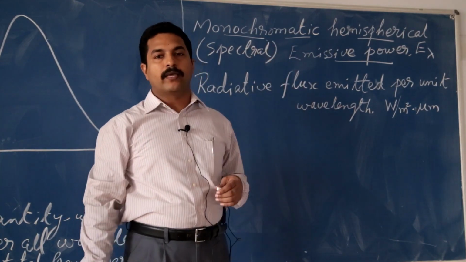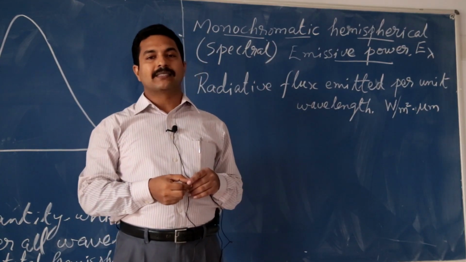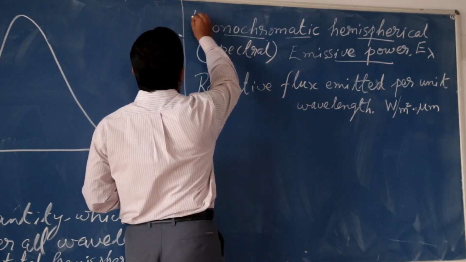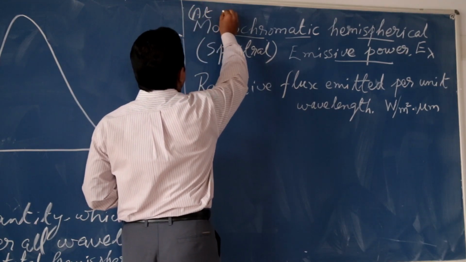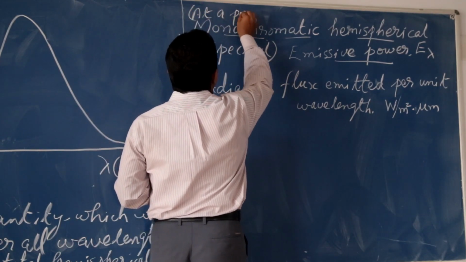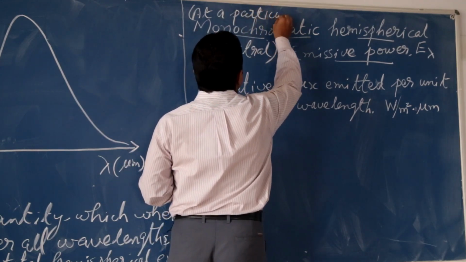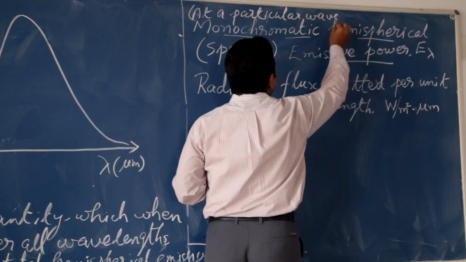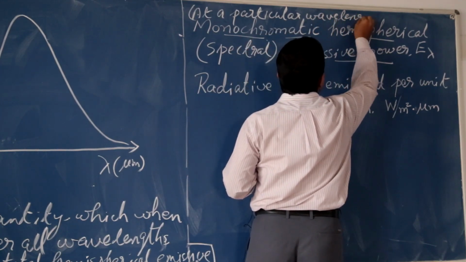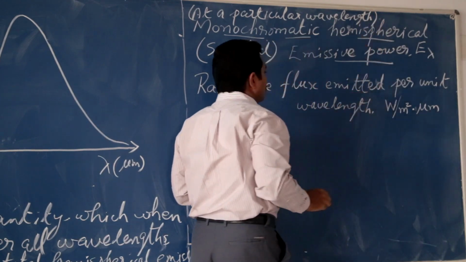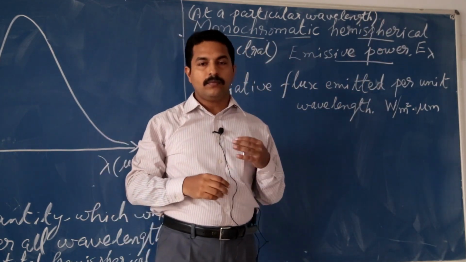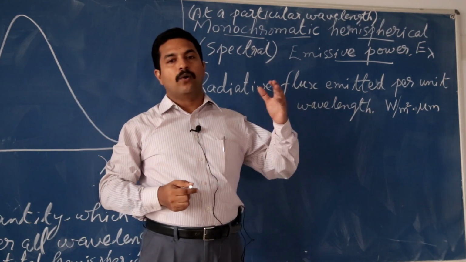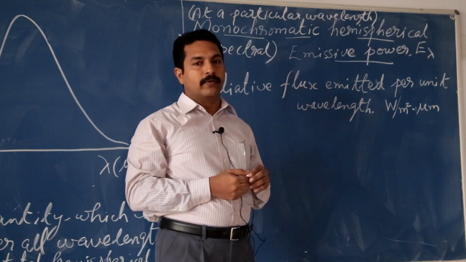Another term we can use for monochromatic is spectral, or we can say that monochromatic means at a particular wavelength. Total means it is encompassing all the wavelengths from 0 to infinity.